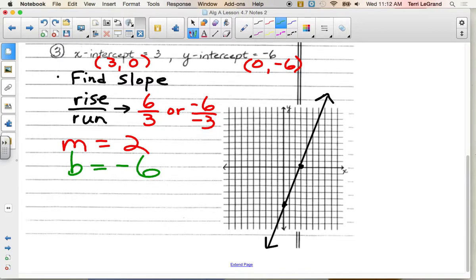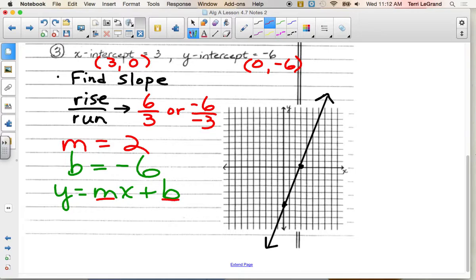We're taking shortcuts. Remember, we're into shortcuts on this one. And now all I have to do is substitute into slope-intercept form, where we replace the m and the b only.